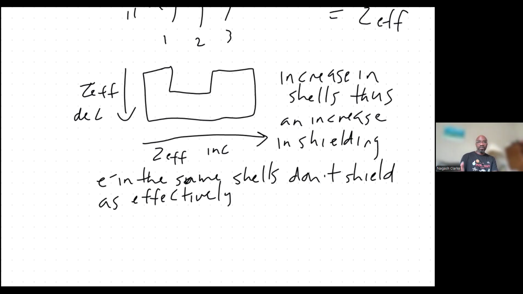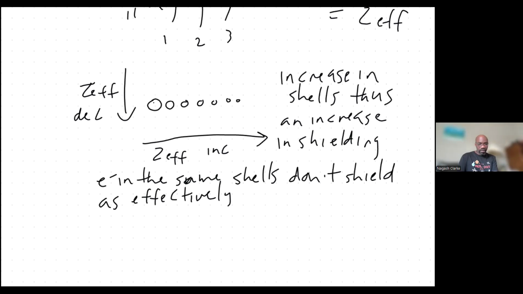So therefore, the nuclear power is stronger as we go across the periodic table. That's why the atoms shrink. So you can kind of do a little pictorial there and kind of show.